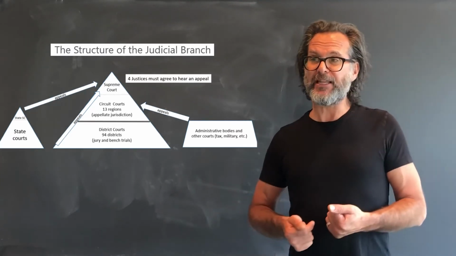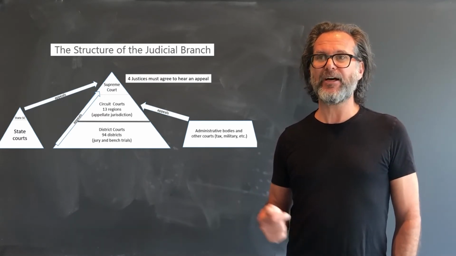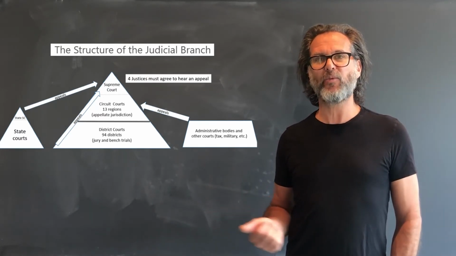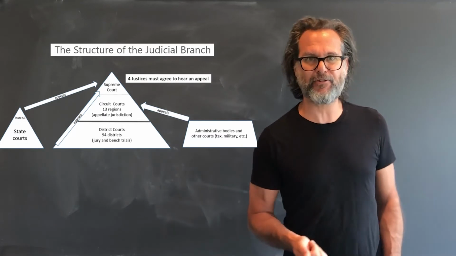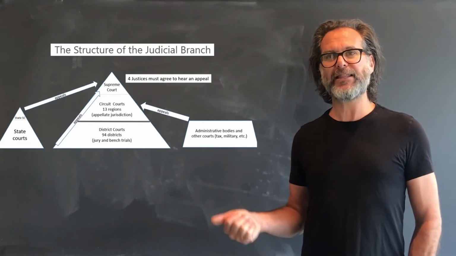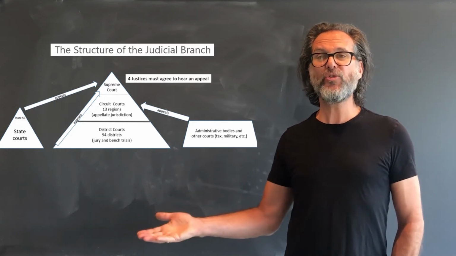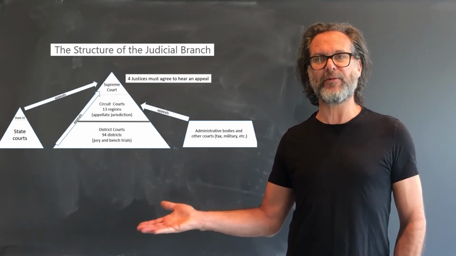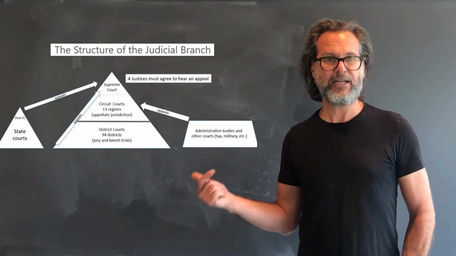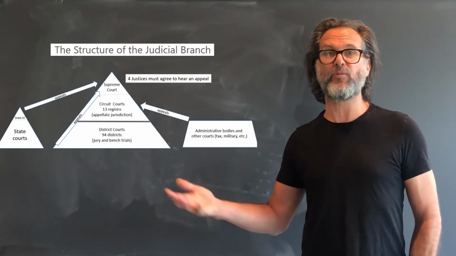So, for example, in the very famous Citizens United case, the original trial was about whether the FEC, the Federal Election Commission, correctly applied the statute, the Bipartisan Campaign Reform Act, to this particular documentary about Hillary Clinton that this group, Citizens United, produced and wanted to show.